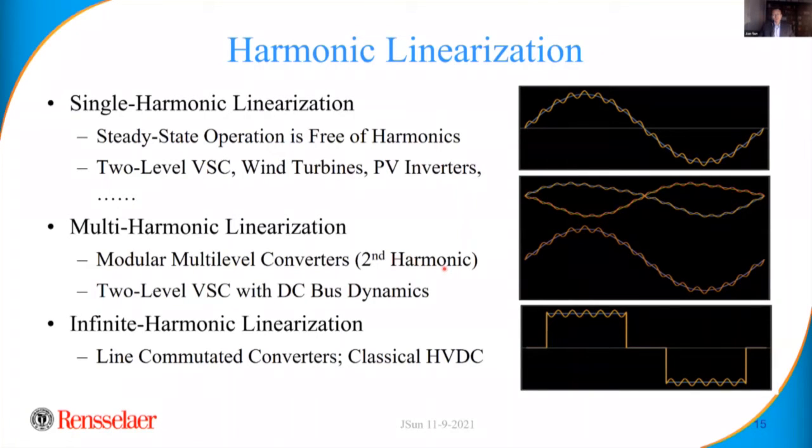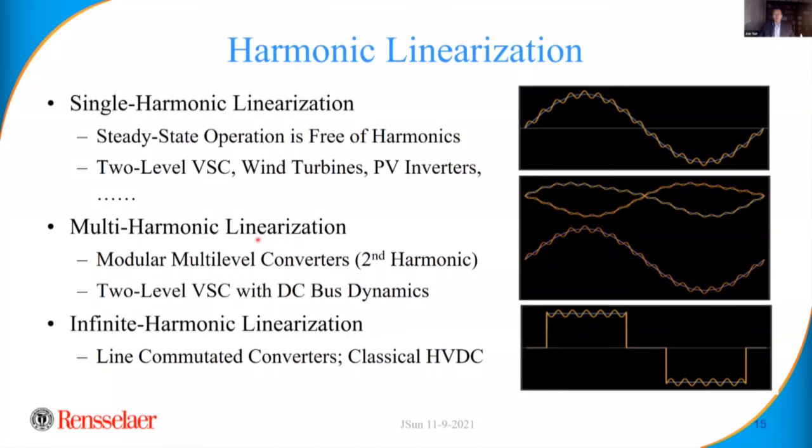And to suppress the second harmonic circulating current, you have to introduce a second harmonic control signal. So on top of the fundamental, you also have second harmonic in a number of variables. So to capture all that dynamics, right, we need to include the second harmonic as part of the operation trajectory, so to speak, right? The steady state operating trajectory needs to include the second harmonic.